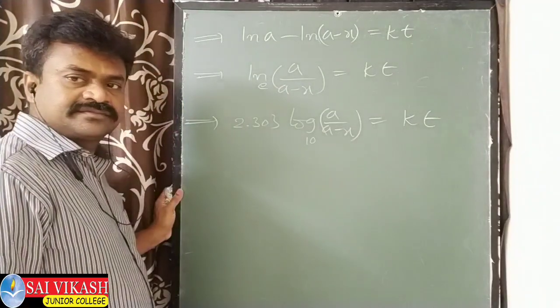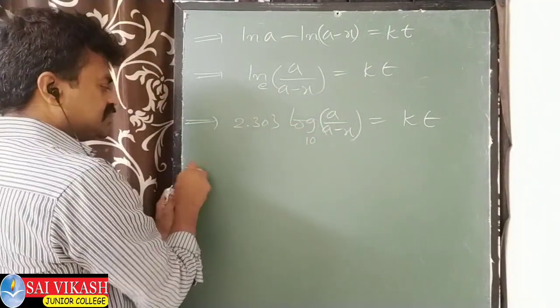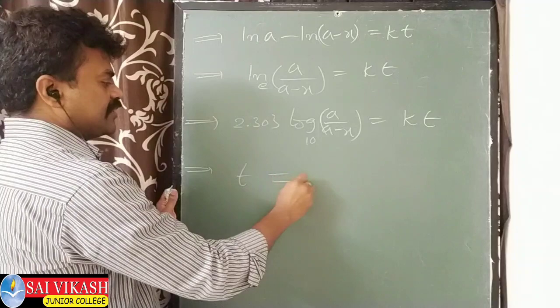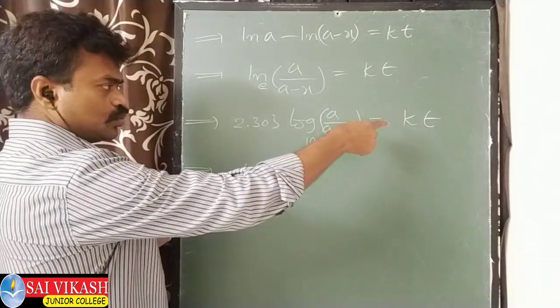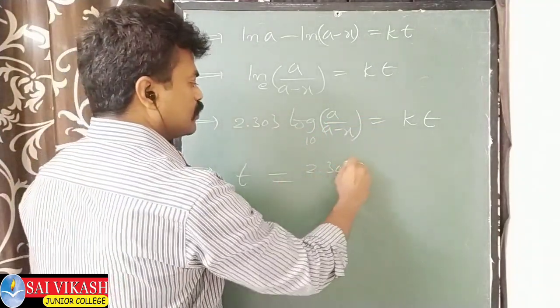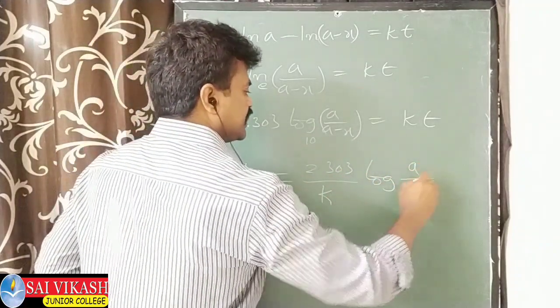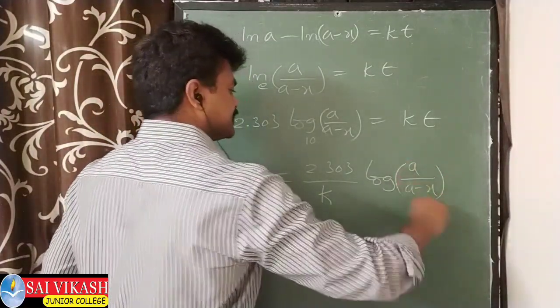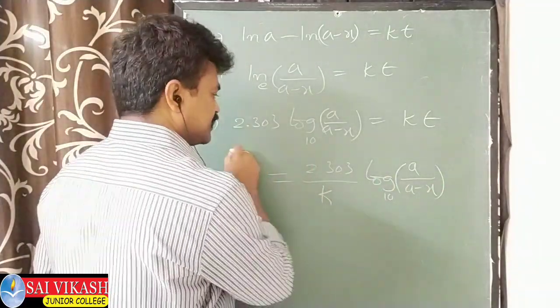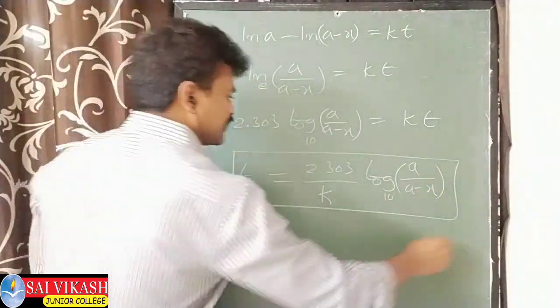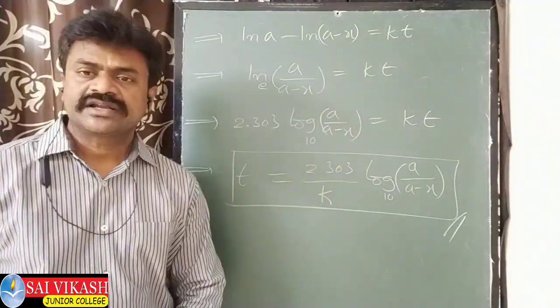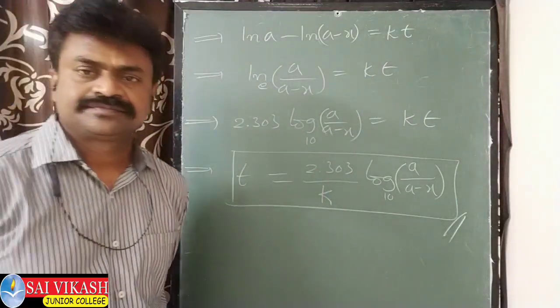That's it. Now this equation finally, how I am writing, see, t equal to 2.303 by k log of a by (a minus x). This is our final first order integrated rate equation.